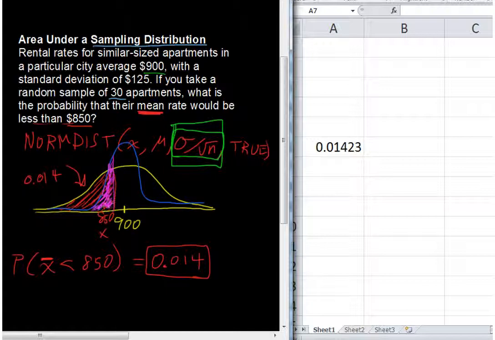But the really important thing that I wanted to emphasize, even if you don't understand all of what I said at the end here, I hope you do, is that you understand this part. If they're asking for the probability that the mean of some sample is above or below or between, you use this standard deviation divided by the square root of the sample size. All right, I hope that helps.